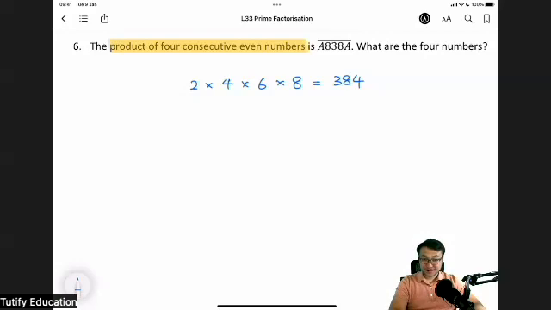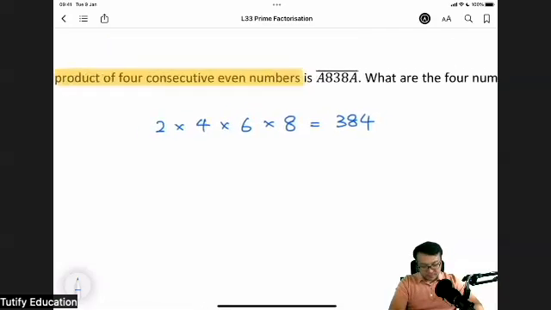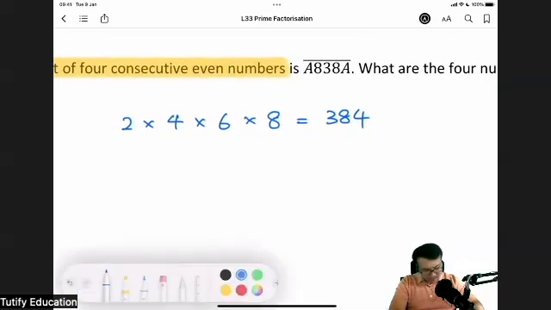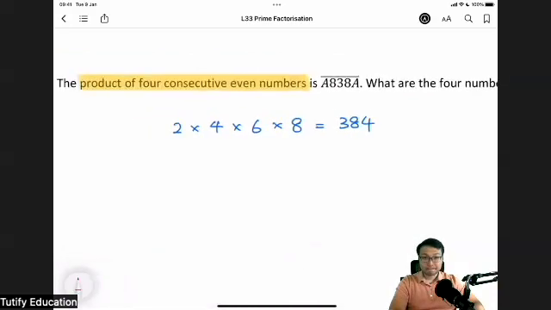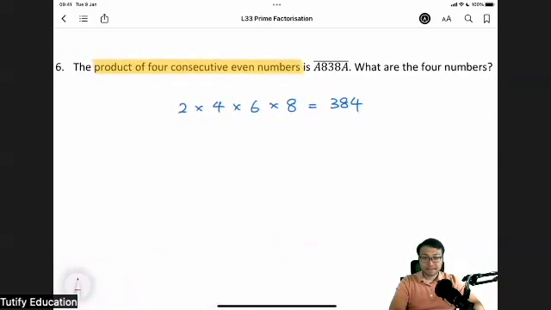So 2 times 4 times 6 equals 384. So I saw a pattern that 388 relates to 384. Very good. And then the 883 is the reverse of 384, which is 483. Very good. This is a pattern.